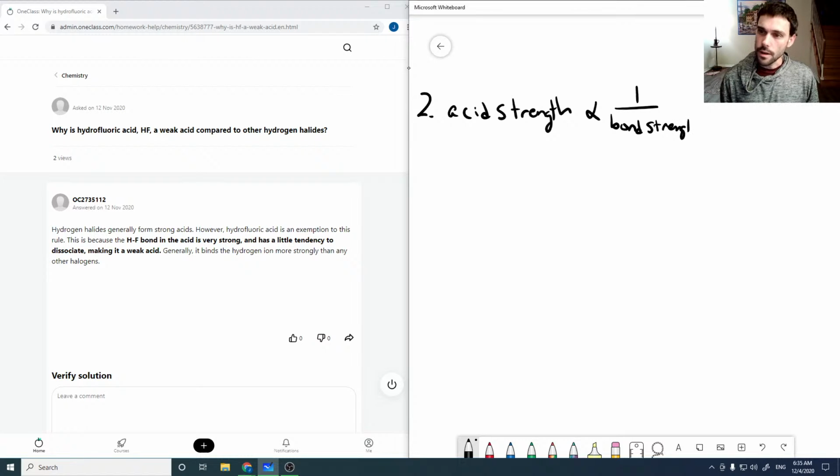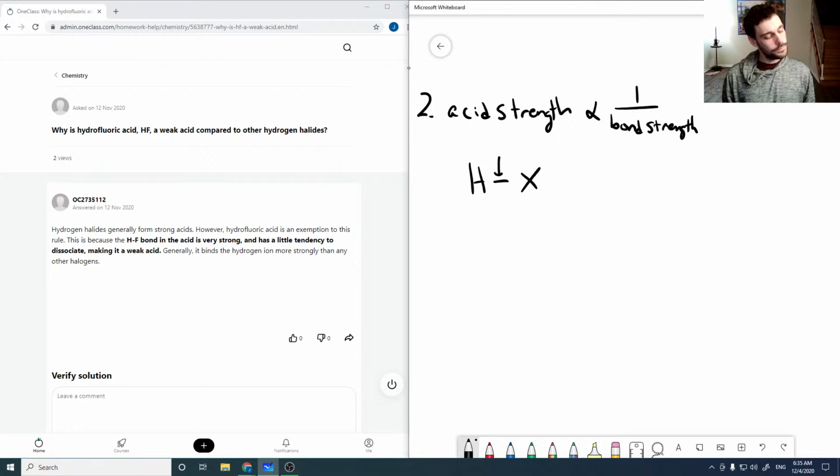And by bond strength here, I mean the bond strength to hydrogen. So if X is, say, all the halides, then the stronger this bond is, the weaker your acid, or another way of putting it, the weaker the bond is, the stronger the acid.